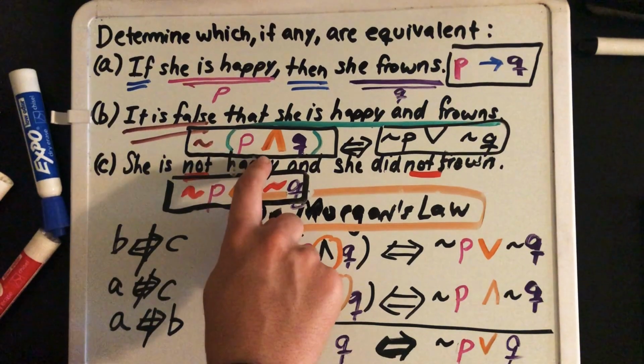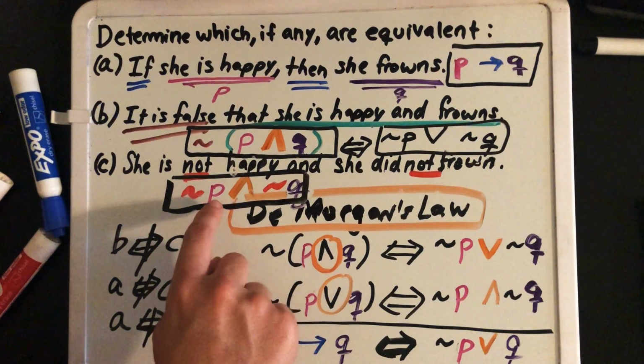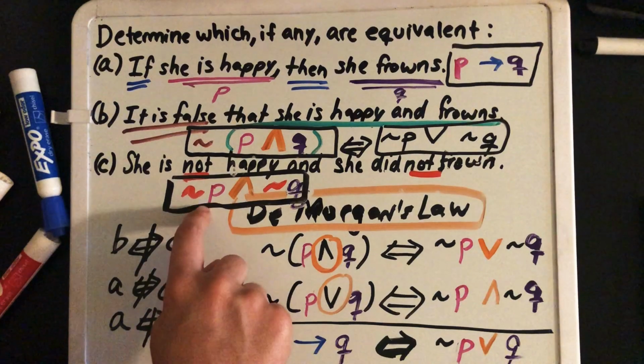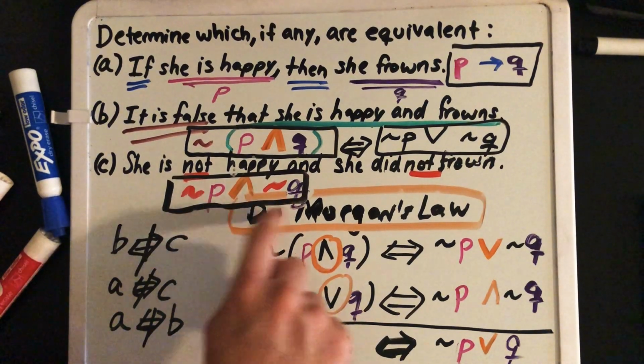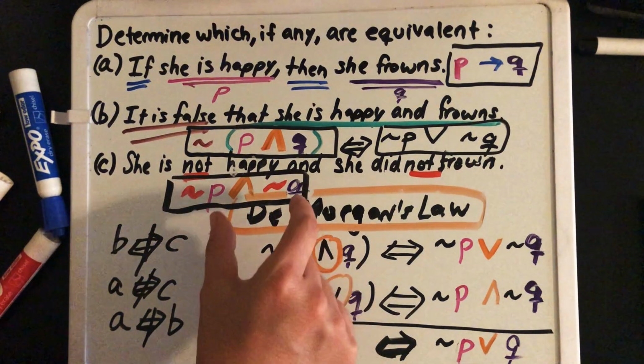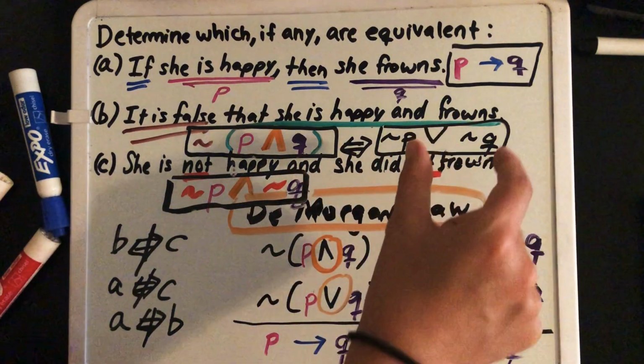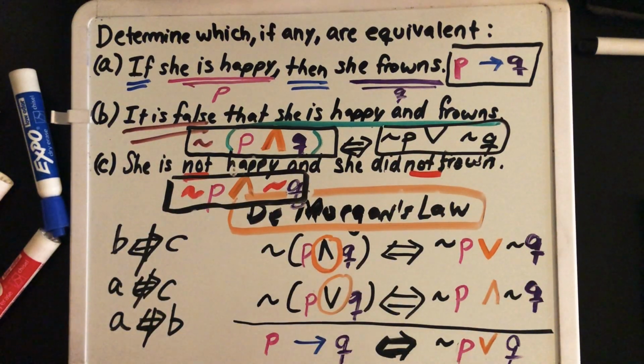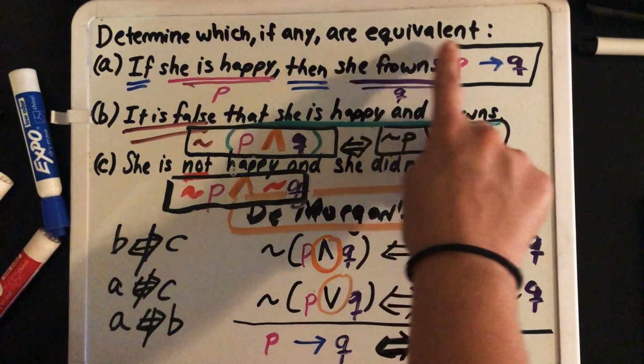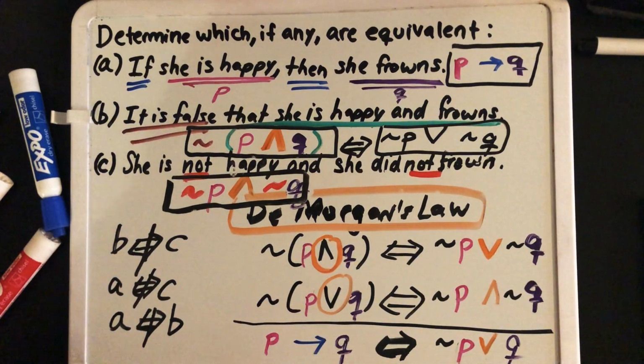So that'd be 2 columns you need to get there. And then for this one, you would actually need to build your way up to it by doing a not P column, a not Q column, and then putting them together with and. Finally, you would compare the column for each of these final statements and see if they're identical. And what you'll find is that there's going to be at least one place where they're not exactly the same. And in order to be equivalent, they have to be exactly true and false in exactly the same places.